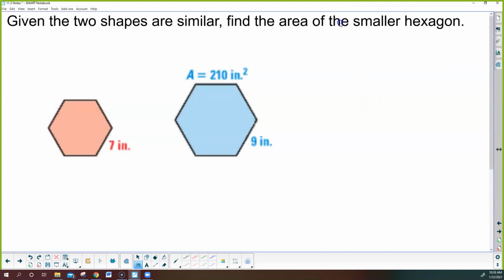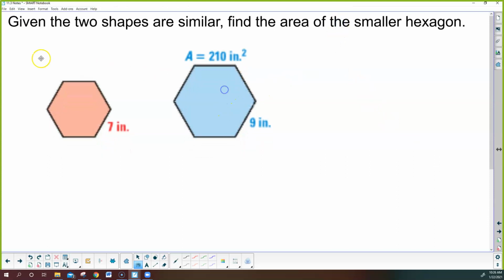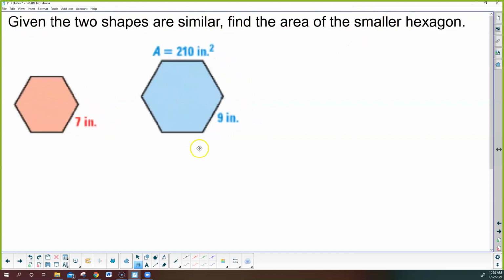Okay. Now notice this one right here. We have to know the two shapes are similar. Find the area of the smaller hexagon. We're going to do this one together, so don't work ahead, but I'd like you to just draw the pictures the best you can. If you want a hint for how to draw nice hexagons, put 6 dots in a circle, as equally spaced apart as you can, and then connect them.